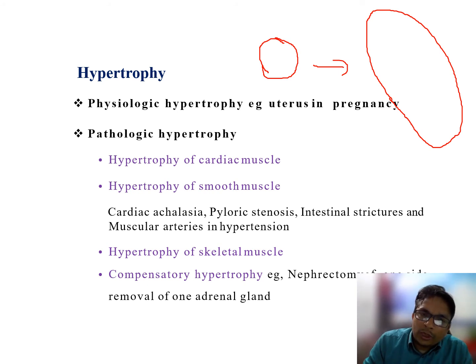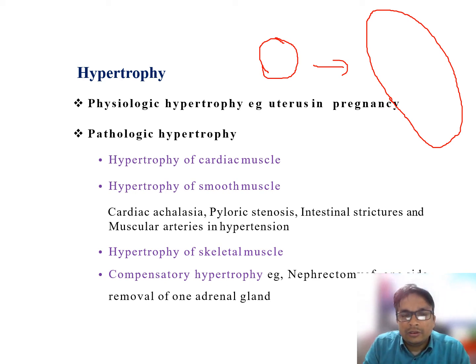As the days progress, there is an increase in the size of the zygote, and as the zygote grows, the uterus size also increases. This is because of the hypertrophy that occurs during pregnancy in the uterus of any woman.